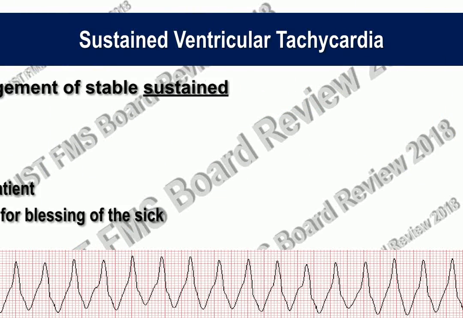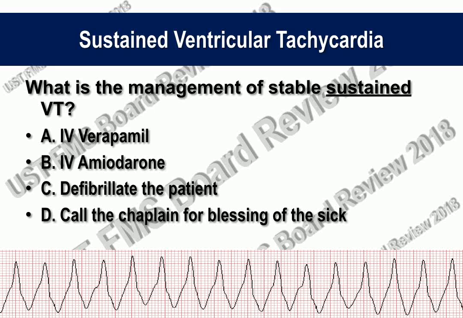So sustained ventricular tachycardia is managed best by which particular option? IV verapamil, IV amiodarone, defibrillation, or you just bless the patient. So when you have stable, sustained ventricular tachycardia, the management would be to give the patient an antiarrhythmic in the form of amiodarone.